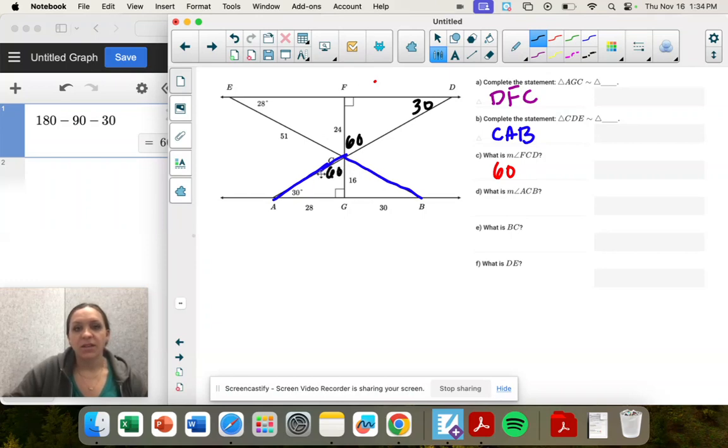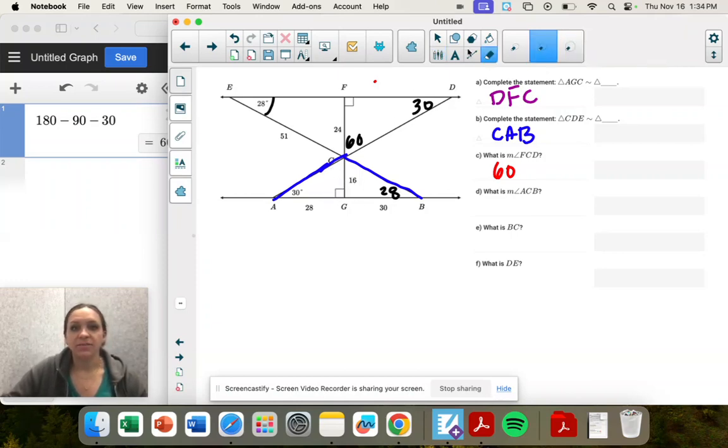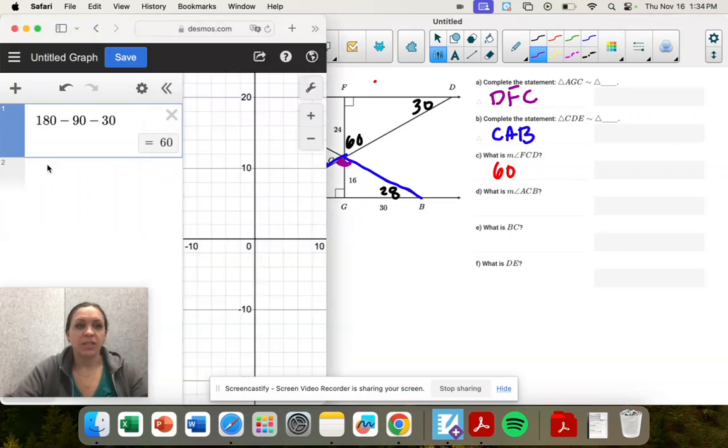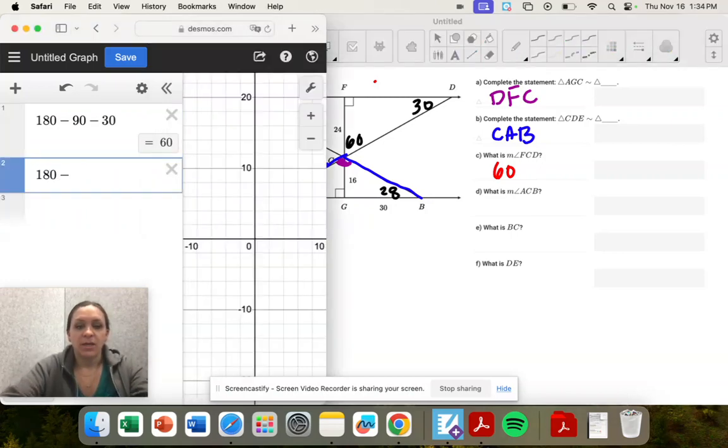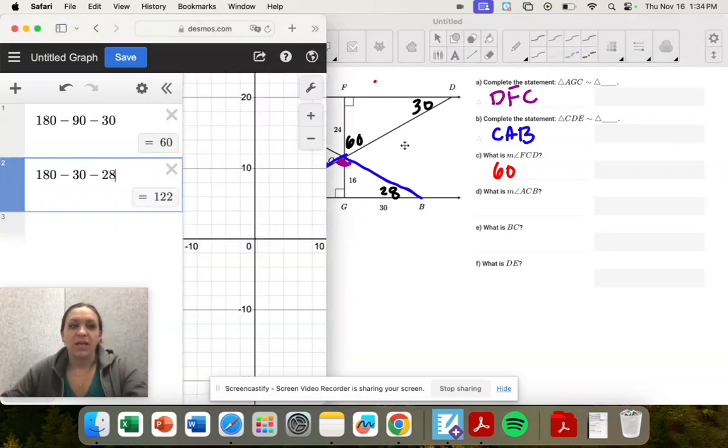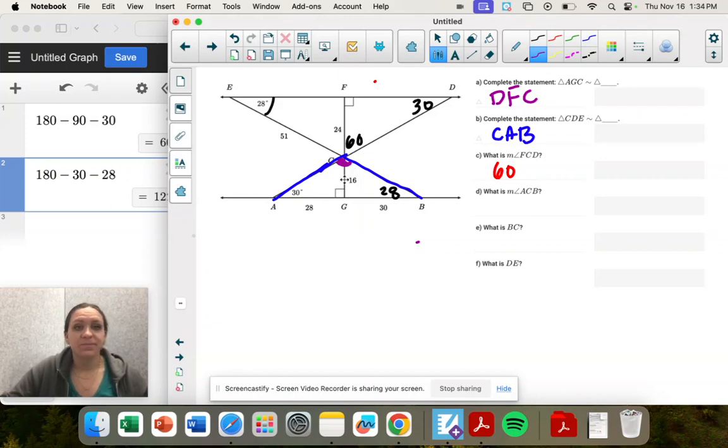And I know that these two triangles are similar. If this is 28, this is 28 because those two big triangles are similar. So I actually don't need the 60 here because I'm looking at the larger angle. So for my triangle, I'm going to take 180 minus 30 minus 28 because they all add to 180. So this is 122.